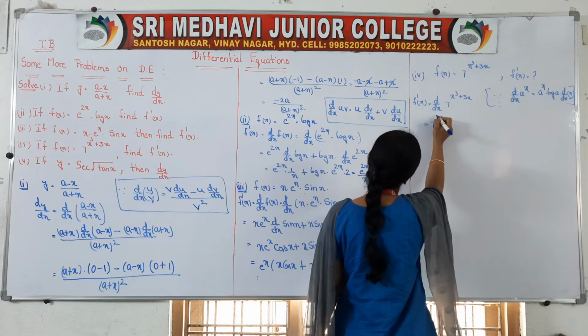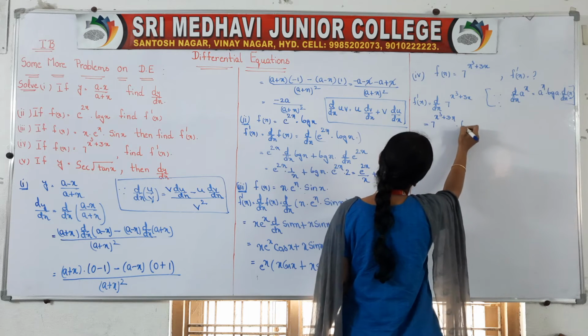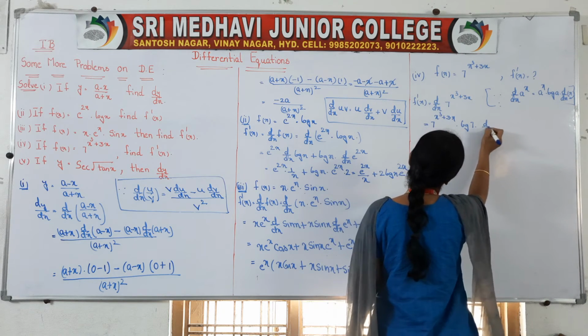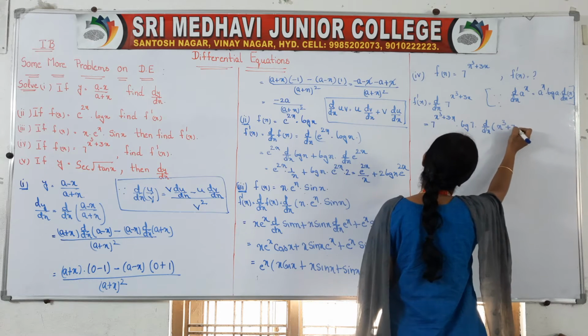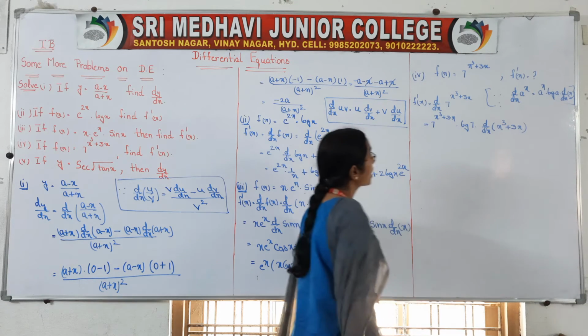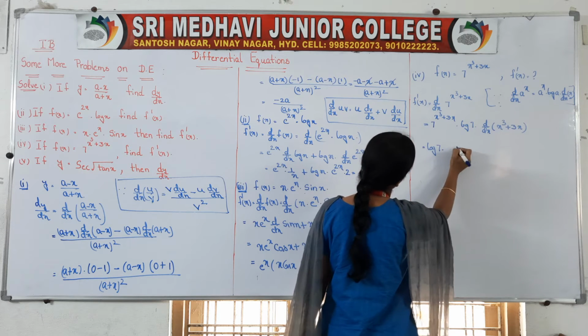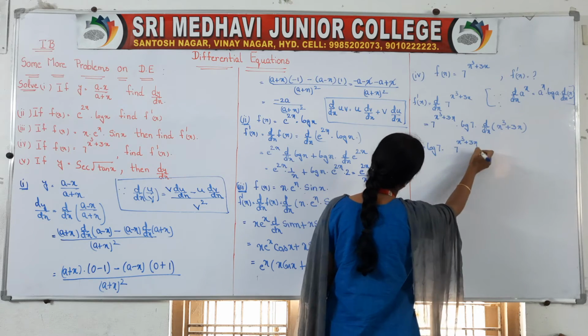So 7 to the power of x cube plus 3x into log 7, right, into d by dx of x cube plus 3x. Okay, so is equal to, it is log 7 into 7 to the power of x cube plus 3x.